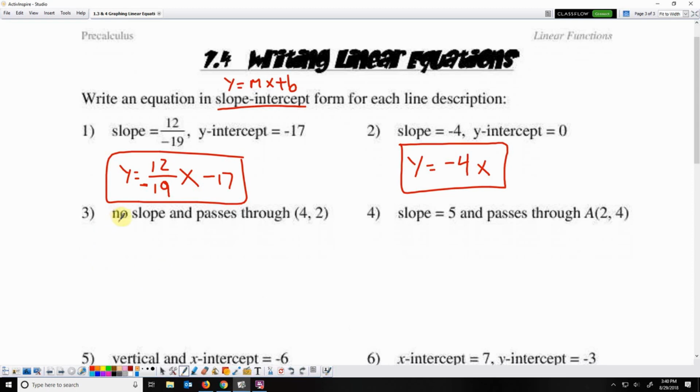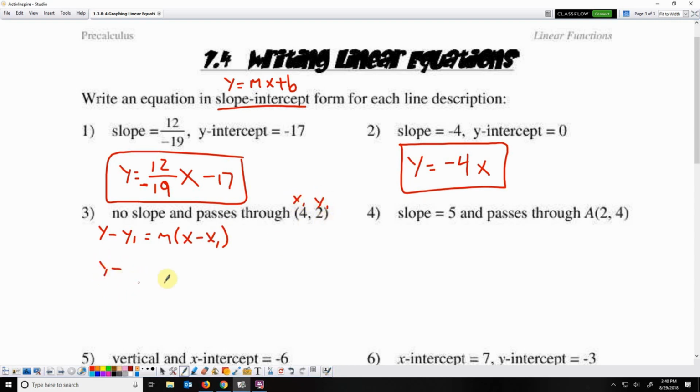Okay, next, no slope, which really means a slope of 0, and passes through this point. We're going to write this first in what is called point slope form. And that's y minus y1 equals m times x minus x1. So there is my x1, y1.